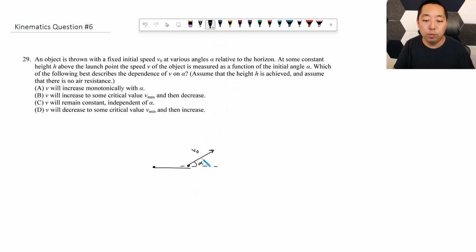At some point, some constant height above the launch point, the speed is measured as a function of the angle. So let's say there's some point, not necessarily the max height, some point here. We're going to measure this height as h. I would like to know what this velocity is and how it compares if I were to change the angle, but still at the same height here.